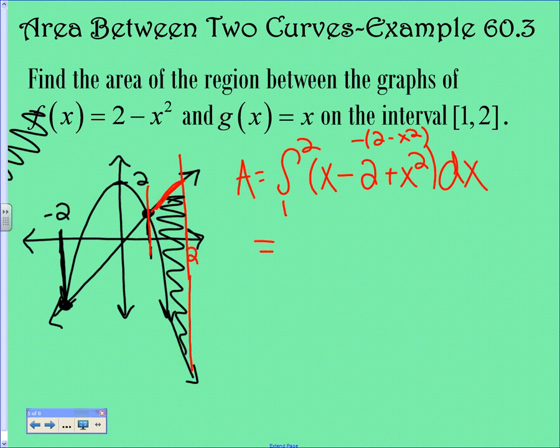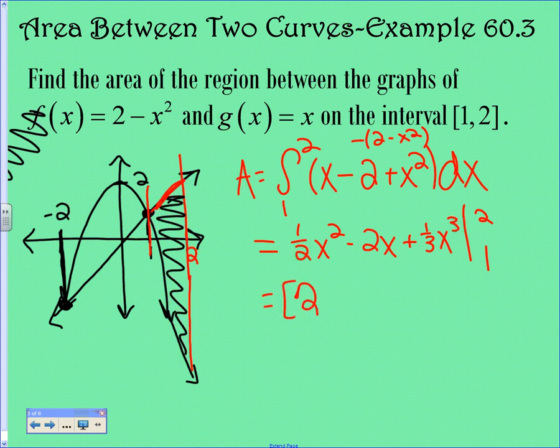Okay, so we integrated this just a minute ago, sort of, but it had different signs. So you can't just copy exactly what your integral was on the other one. Any questions so far? Okay, so if you plug in 2, you would get 2 minus 4 plus 8/3.